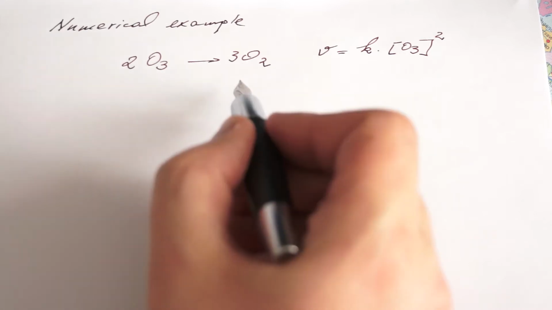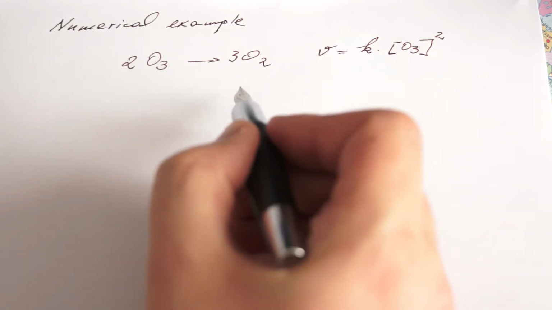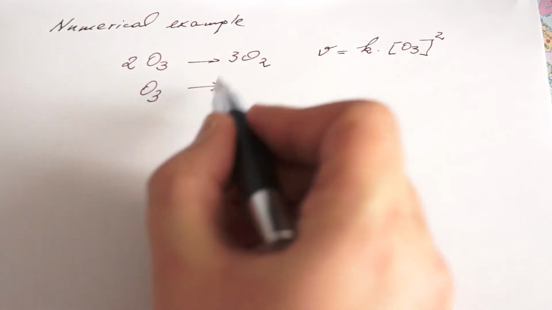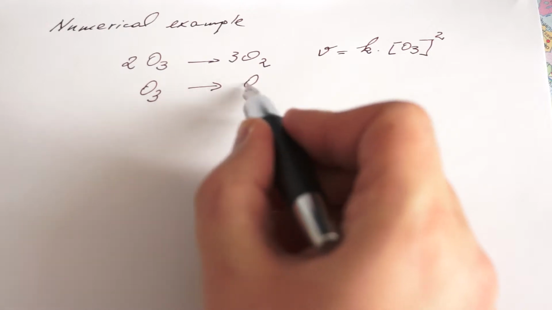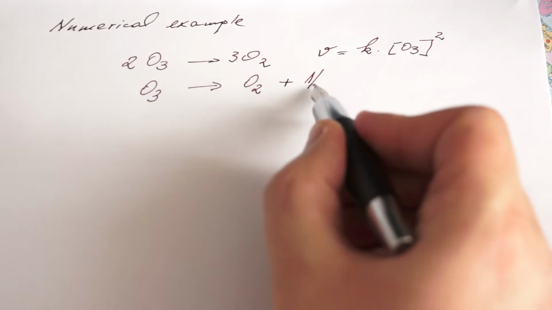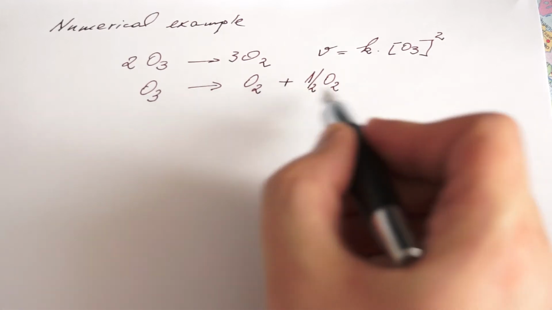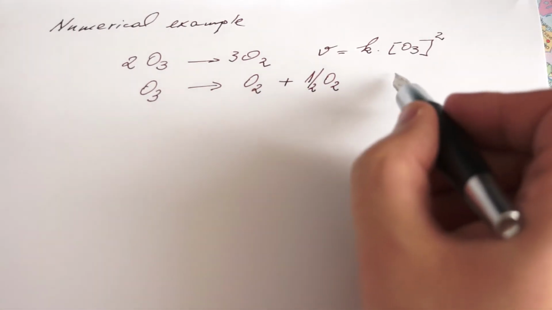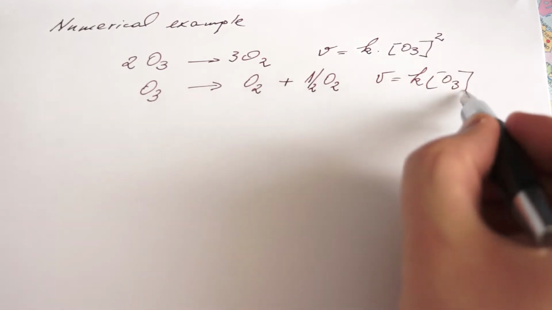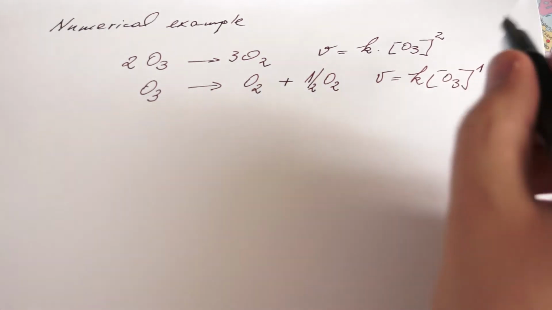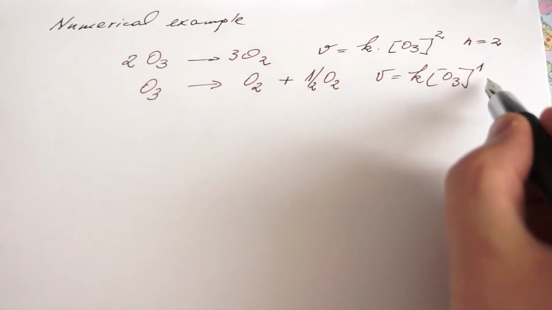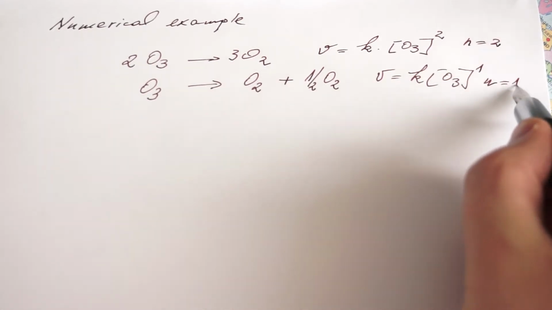However, I can write this reaction in a different way. I could also write it as ozone going to, for example, 1 oxygen molecule plus 1 oxygen radical, in which case the speed of reaction would be K times ozone to the first power. Obviously the order of reaction in the first case would be 2, in the second case 1.